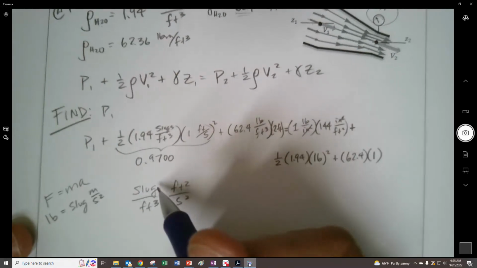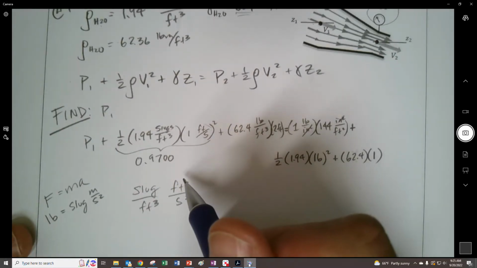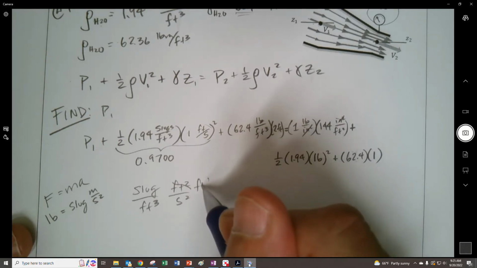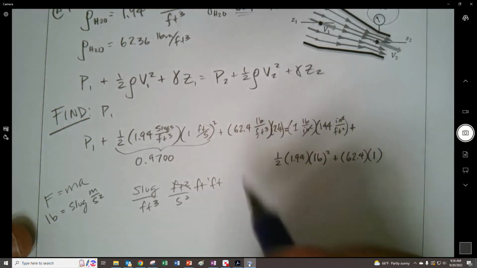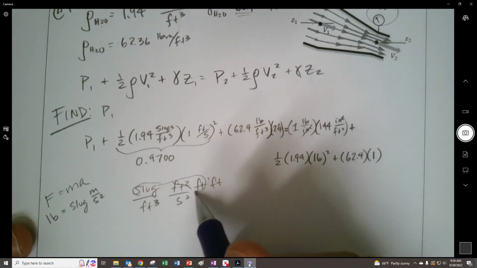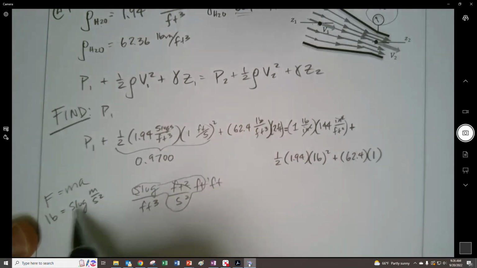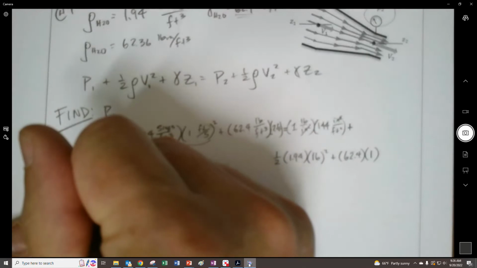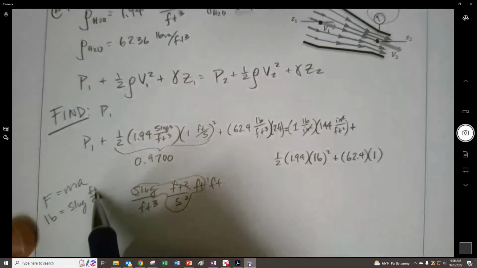So when we see that, what we could do here is turn this into a foot, right? And so we take a slug and a foot and a second squared, and I said meters. Oh, gosh, I'm so sorry. Feet per second, slug, foot per second squared.